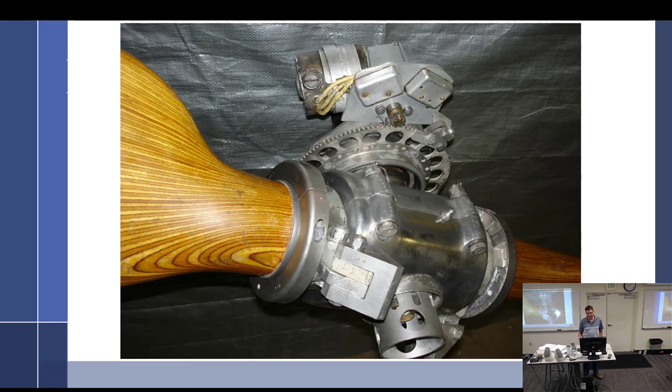I'll show you next week how it has a little drive mechanism inside that would go forward and back, and there are pins in the hub. As that moves forward, it would take part of the hub, and that pin would move it, and the hub would then change pitch. So it's a controllable pitch propeller. The pilot would just say, well, I want a little more pitch, and he would get a little more pitch, or a little less pitch.